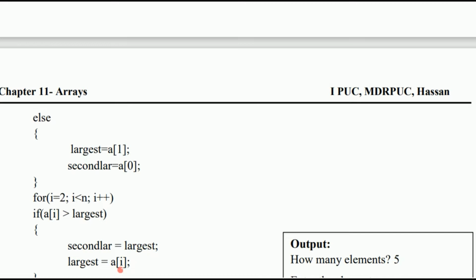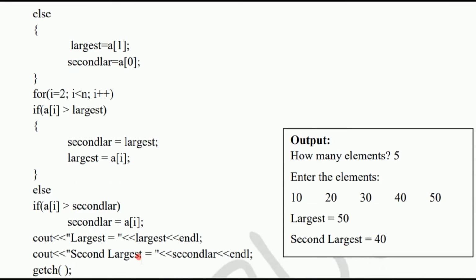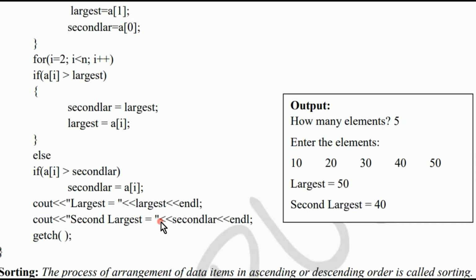That means we are taking the third value as largest, and if it is smaller than the largest value, we will take it as second largest. If a of i is greater than second largest, second largest is equal to a of i. In that way we will do the comparison, and by that we can print the largest and second largest.